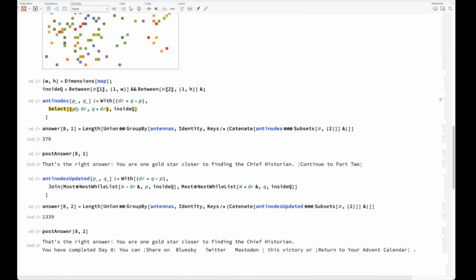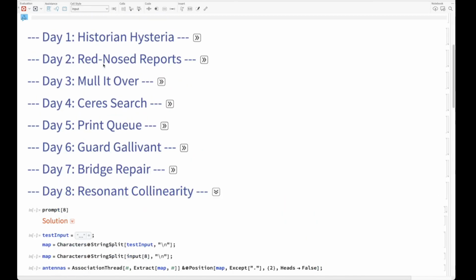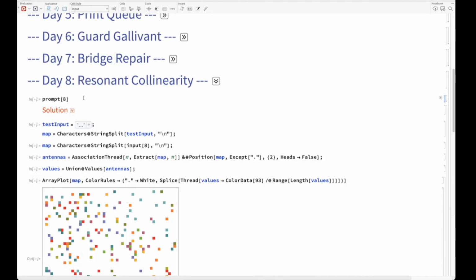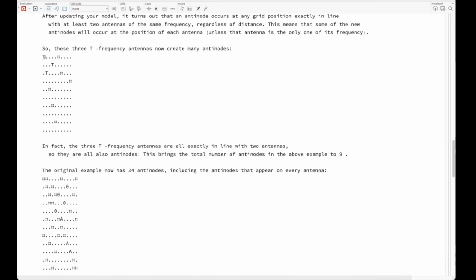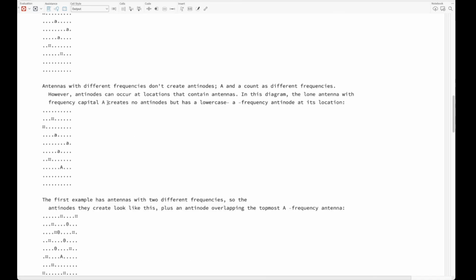For part 2, what you do is a bit more complicated because you don't just place the antinode a fixed distance away from the antenna, but you do it in a continuous fashion. Maybe there's an example here. Yeah, if this is the pair of antennas, in part 1 you would just put an antinode here, but in part 2 you would continuously put more antinodes the same distance away, until you reach the boundary, until there's no place left on the map to put one.